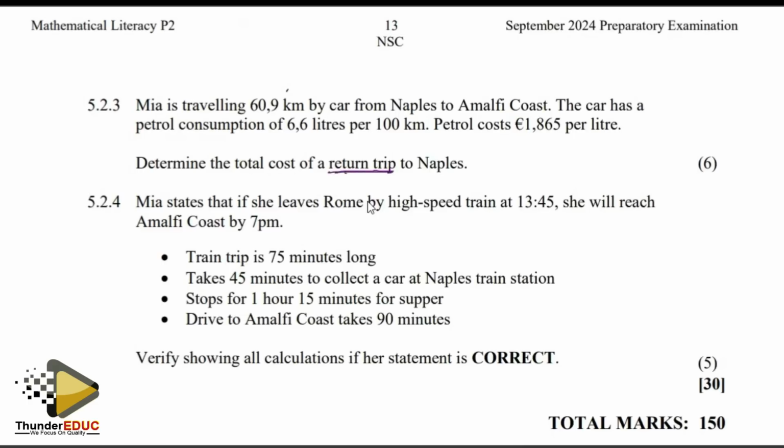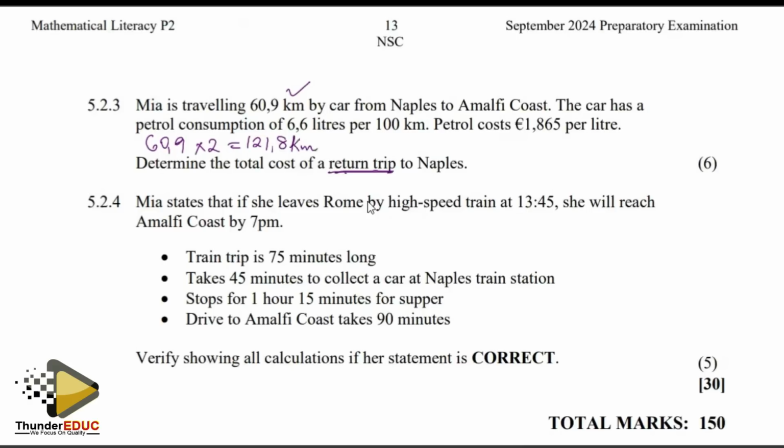So this is just going. It's not a return. So you need to multiply by 2 first and foremost. We shall say that multiply by 2, you end up having 121.8. This is the distance covered.